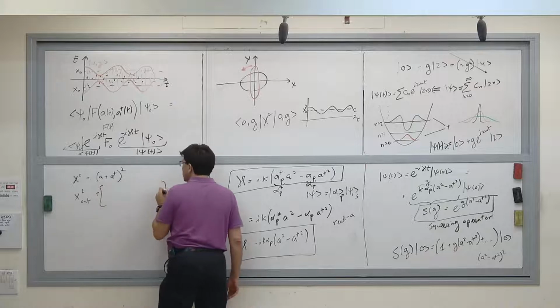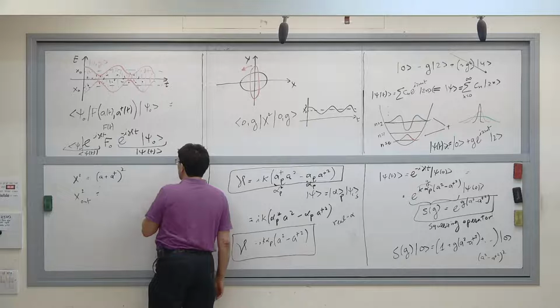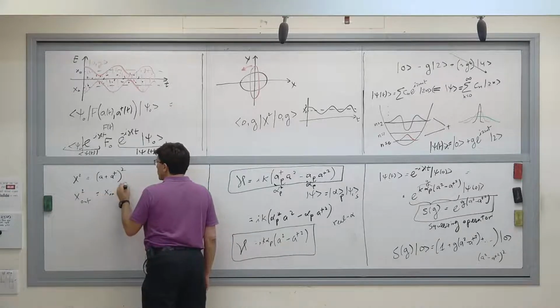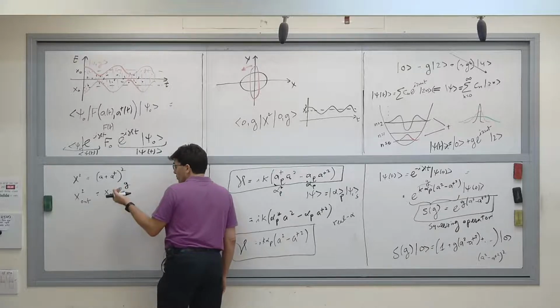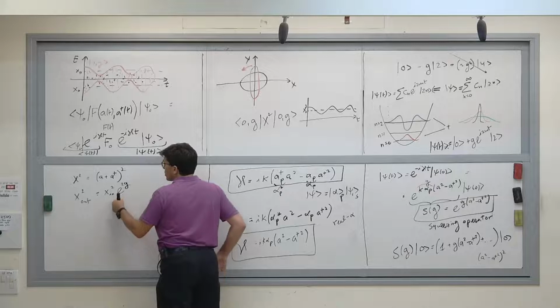Oh, we know already what it is. We don't even need to write it. It's just x in times e to the g. We've seen that from the very beginning. So this is squared and squared.